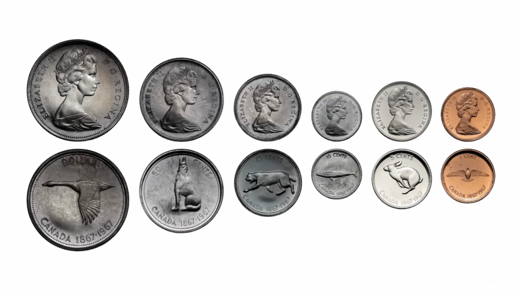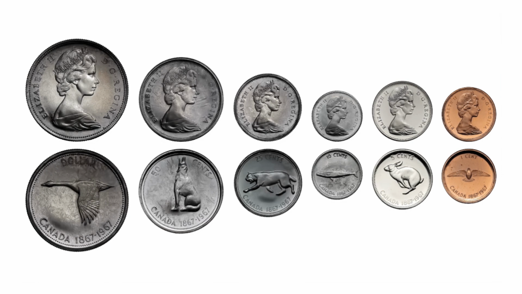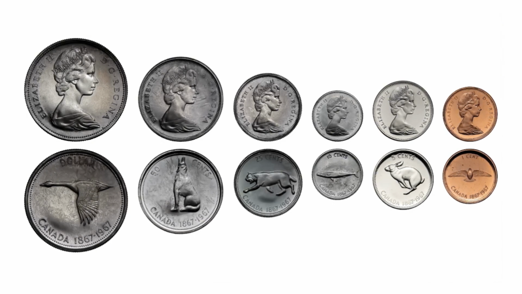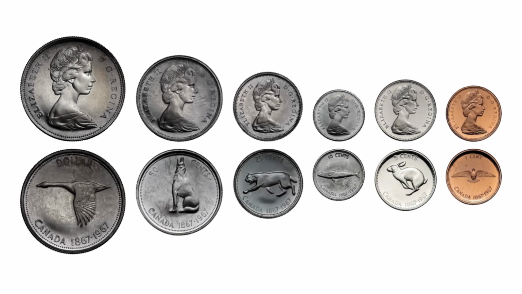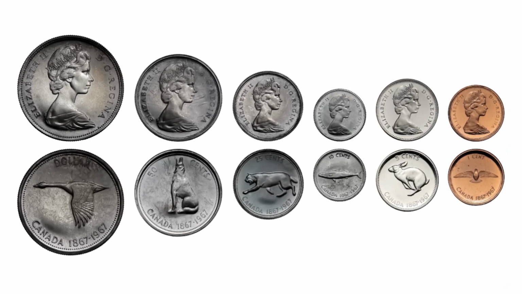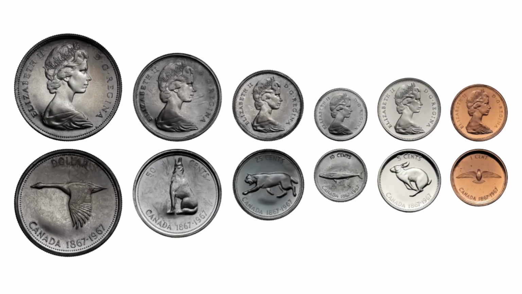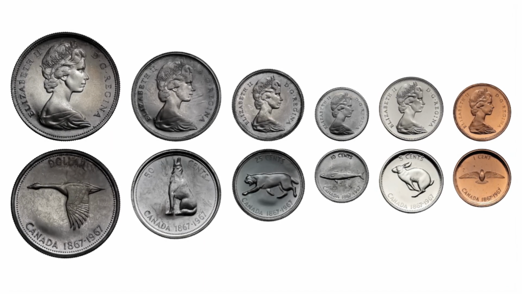In the year 1967, Canada celebrated its 100th anniversary of the Confederation with a special set of commemorative coins, one of the most iconic being the $1 silver coin, featuring a soaring Canada goose design. This coin was part of a nationwide design competition.